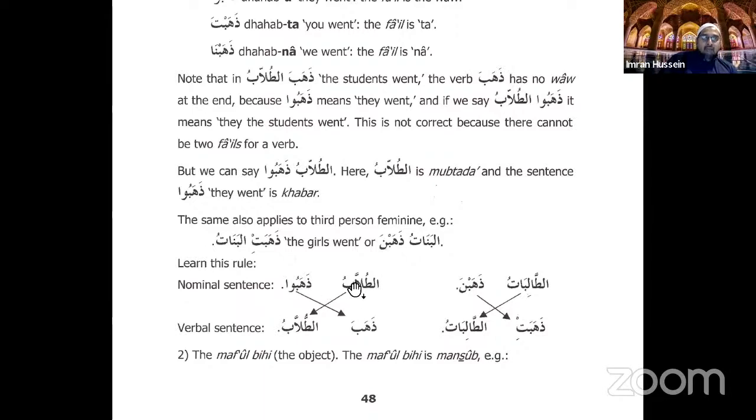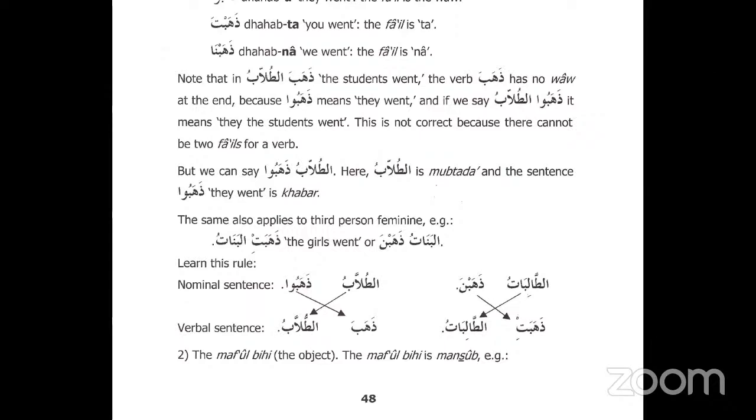So both of them can be plural. In a verbal sentence, the positioning of at-tullabu and dhahabu was different. When the verb comes in the beginning of the sentence, dhahaba becomes singular, and at-tullabu becomes plural.